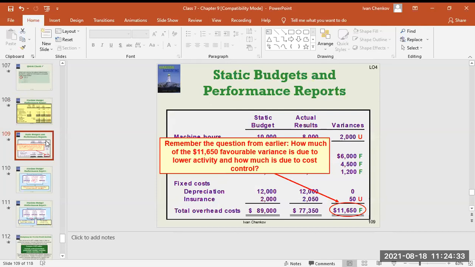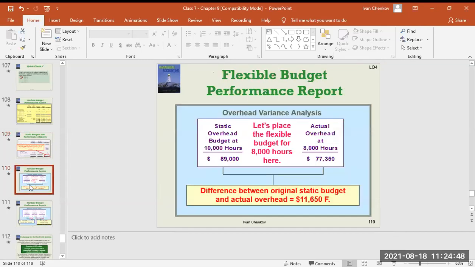So remember, on the static budget, we can only say how much of the 11 favorable is due to the lower level of activity and how much is cost control. So what's happened here? On the static performance, the static overhead budget of $10,000 and the actual $8,000 give us only the difference between the original and the actual.